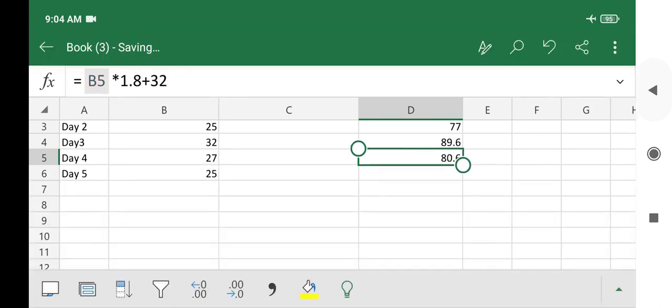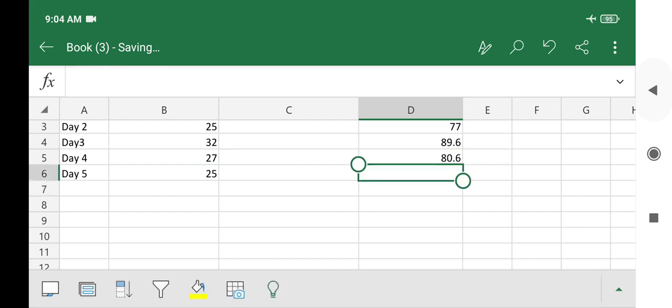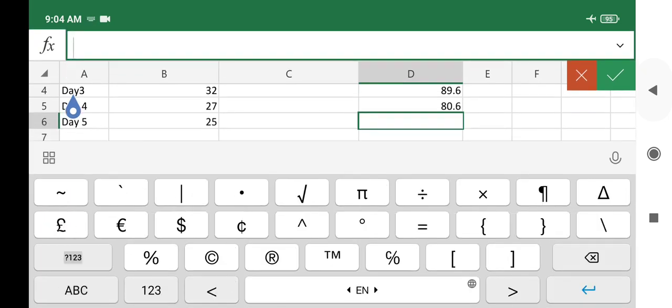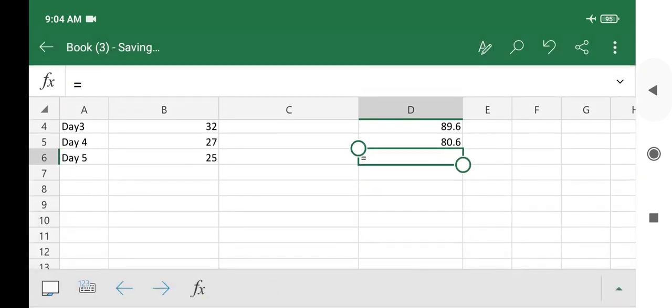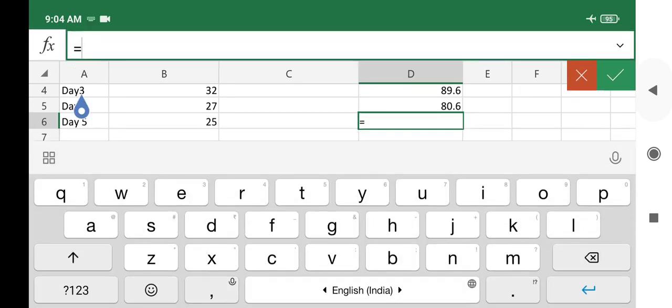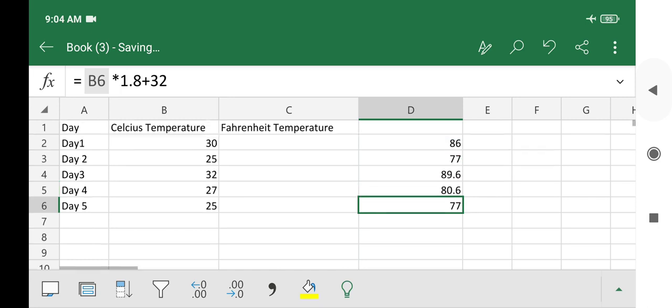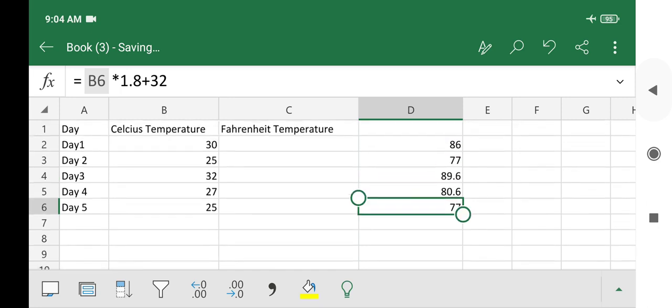So this I have done, all the temperatures we are writing over here. And the last one: equals to, select the temperature, then multiplication 1.8, then plus 32.